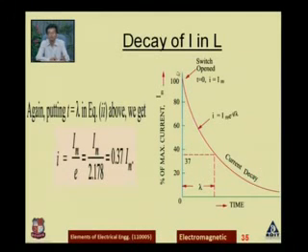Percentage wise, it is 0.37, that means 37%. So the current will decrease from this point up to this time, and this time is denoted by lambda.